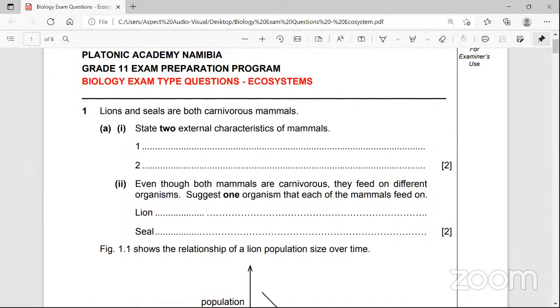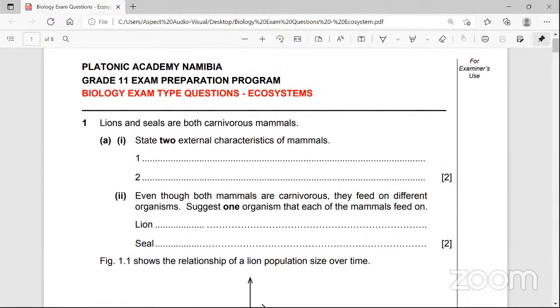Are we together? Right. So this one here, I think you already know the answers to this. Your external characteristics of mammals. We all know that, huh? Yeah. What else? Mammary glands.